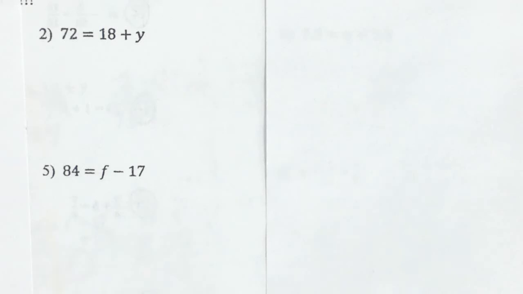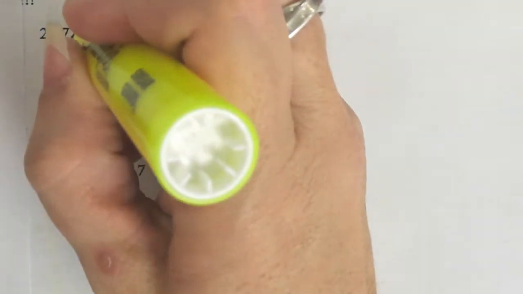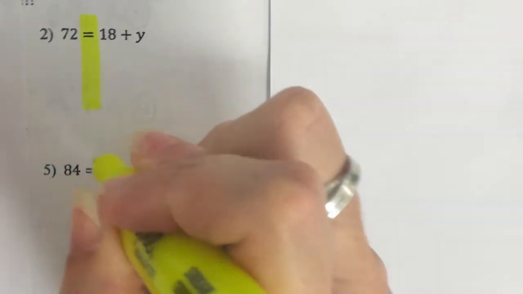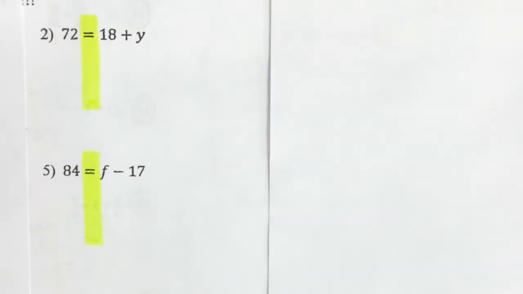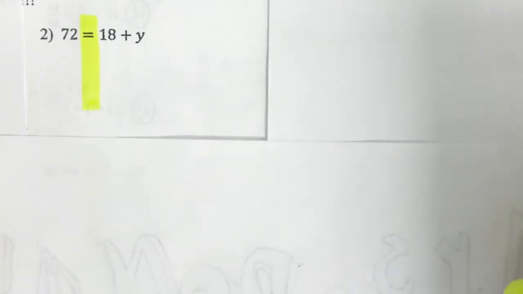Okay. So starting out, we see this equation. It has an equal sign. The first question you want to ask yourself is, is there a variable? Yes. What is the variable in that equation? Y. Okay. Now, in every equation, it's kind of like there's this imaginary line that goes down where the equal sign is.